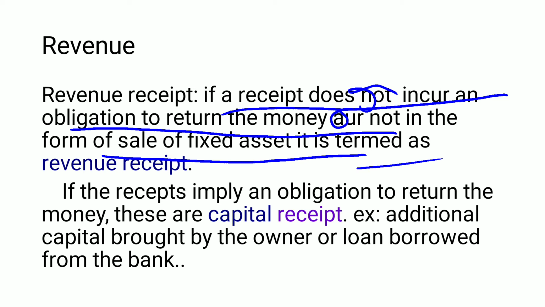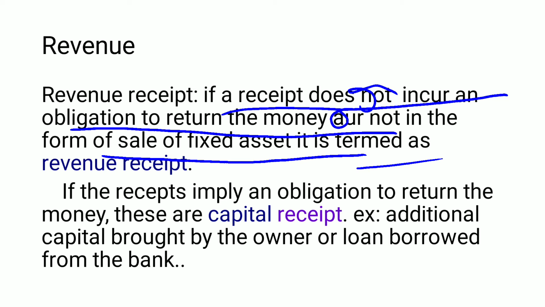For example, sale of a fixed asset. Whenever a fixed asset is sold, whether we need to make the payment or receive the payment? When goods are sold or a fixed asset is sold, whether we will receive the revenue or make the payment?